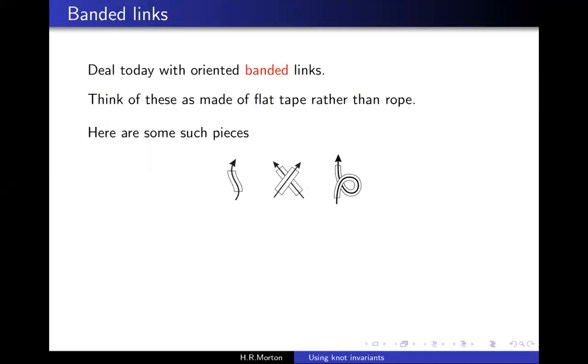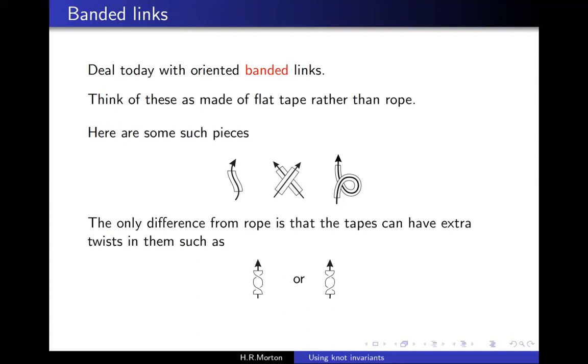And equivalence then is moving the flat tape to itself. So the only difference really between this and the rope is that you can get extra twists. You might refer to them as framed links rather than banded links.